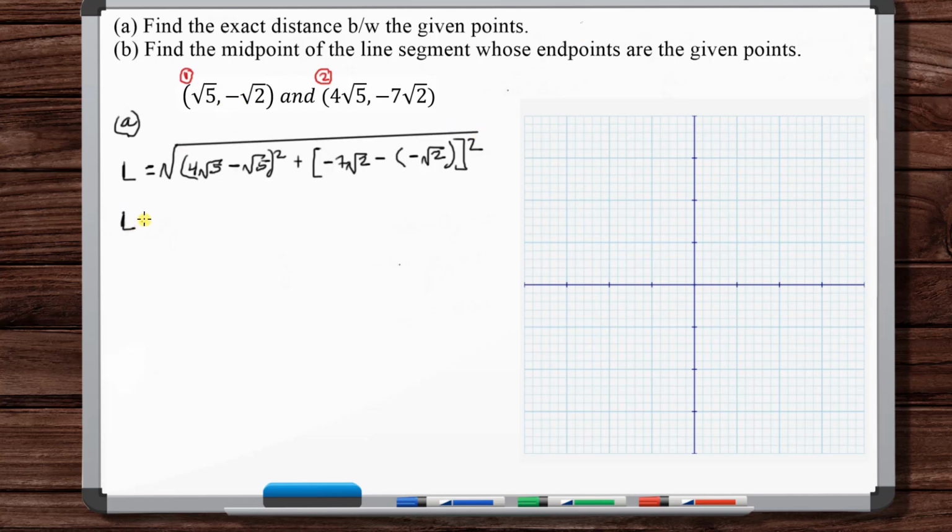Okay, so we've got 4 root 5 minus root 5 is 3 root 5, plus, so minus 7 root 2 plus root 2.